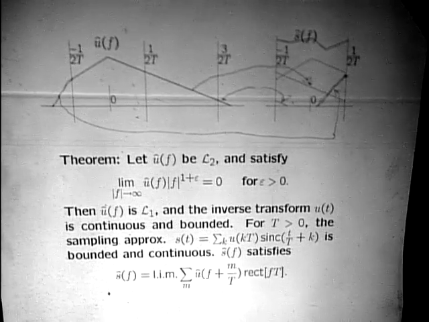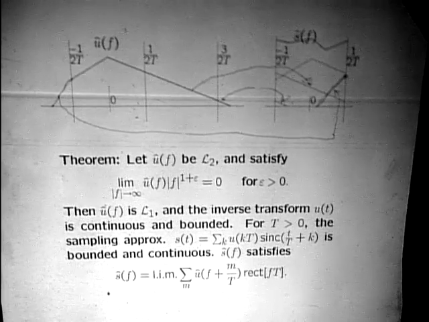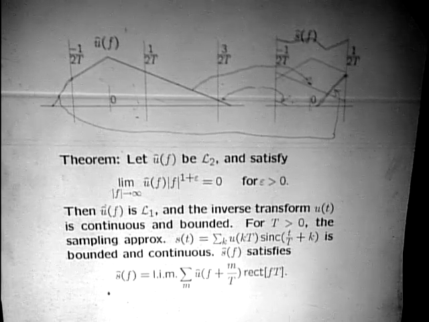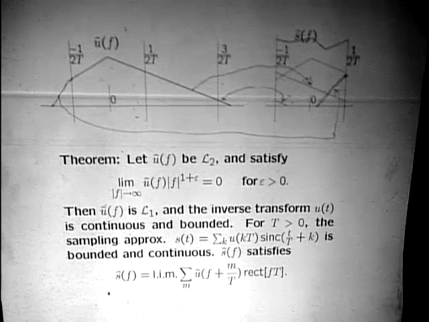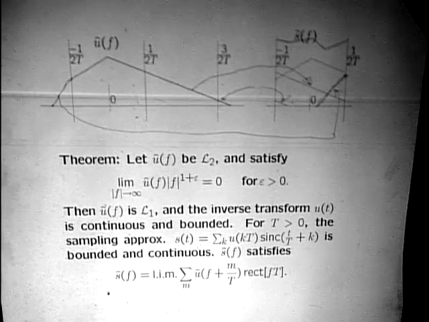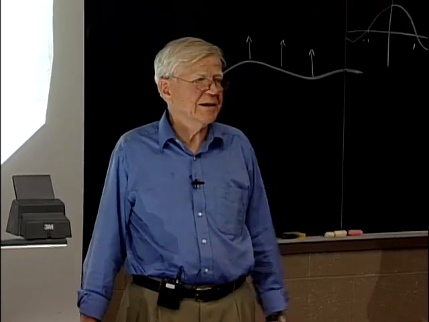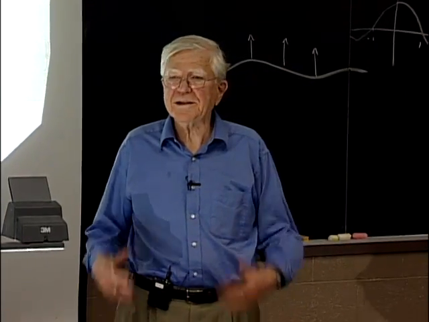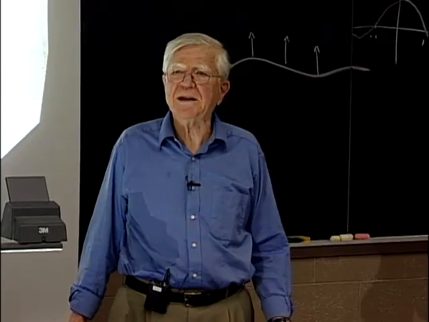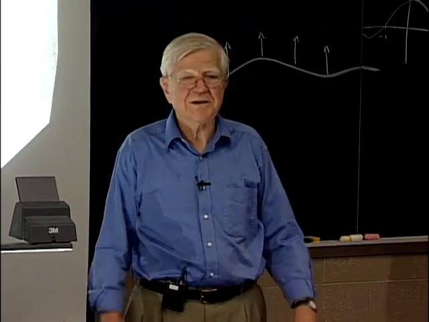So if it goes to 0 fast enough as f gets very, very large, any function you're going to deal with, you can always model it so that it does this. Because you simply can't transmit waveforms that have arbitrarily high frequencies in them. No matter what kind of antenna you use to transmit them, if it's an optical antenna, you can get to much higher frequencies.